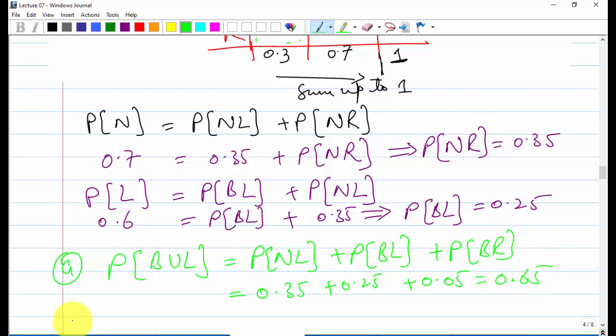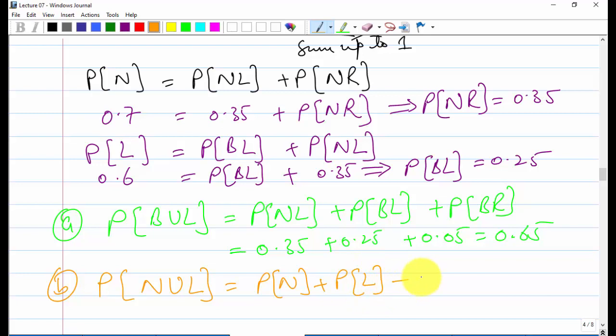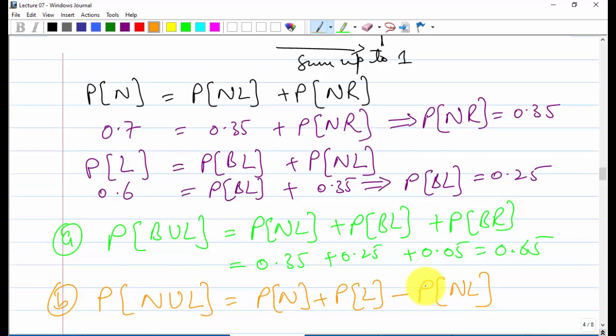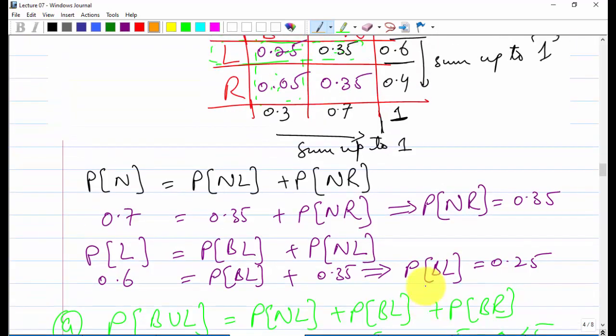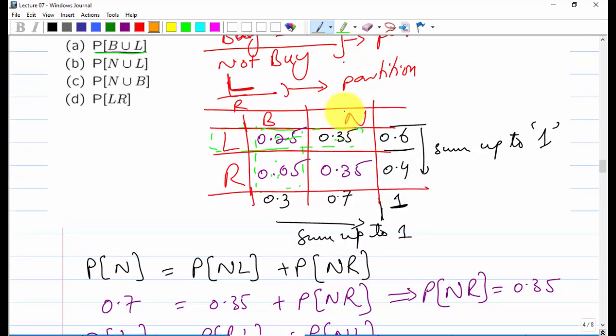The second part says probability of N union L. Similarly, from the table we can say that probability of N plus probability of L minus probability of NL. So probability of N union L, so probability of N, which is this one, union this one.